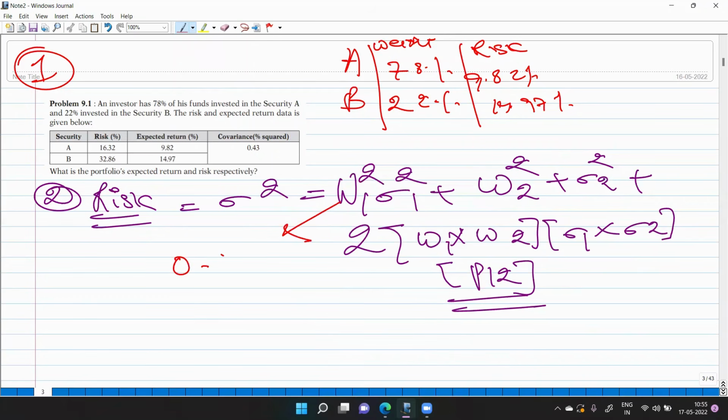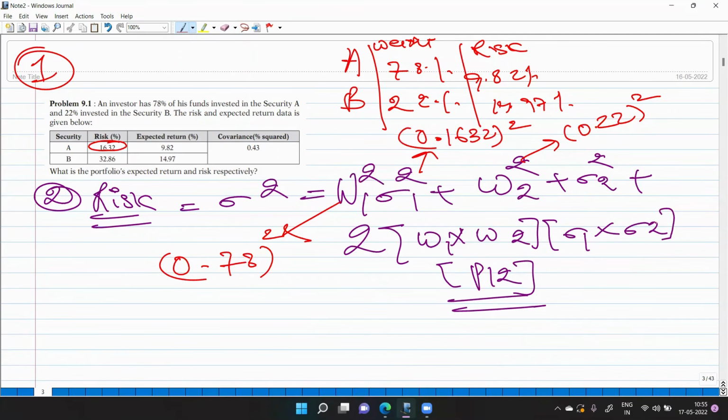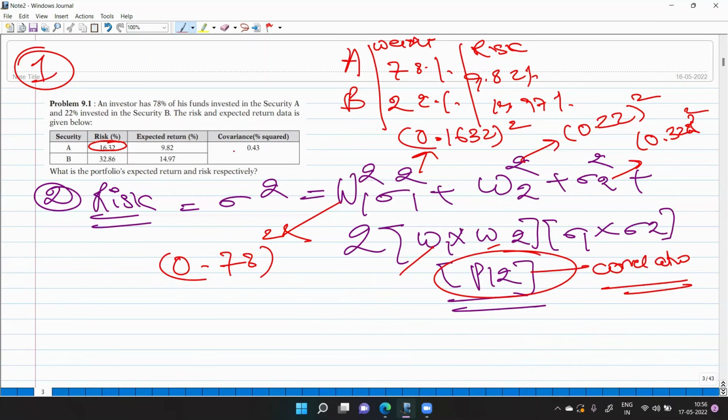What will come here: 0.78 whole squared, and 0.22 whole squared. Risk of security 1 is 16.32%, so 0.1632 squared, and this 0.3286 squared, which I have already told you. Now P12 is the correlation, but what we are given is covariance. So what is covariance?